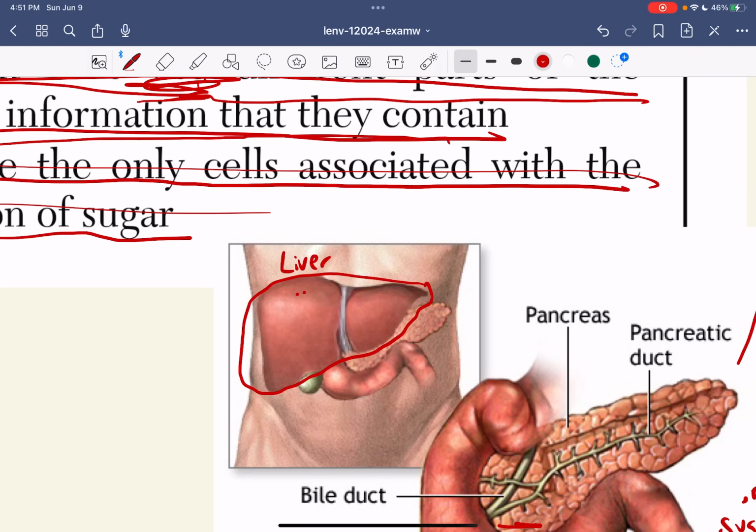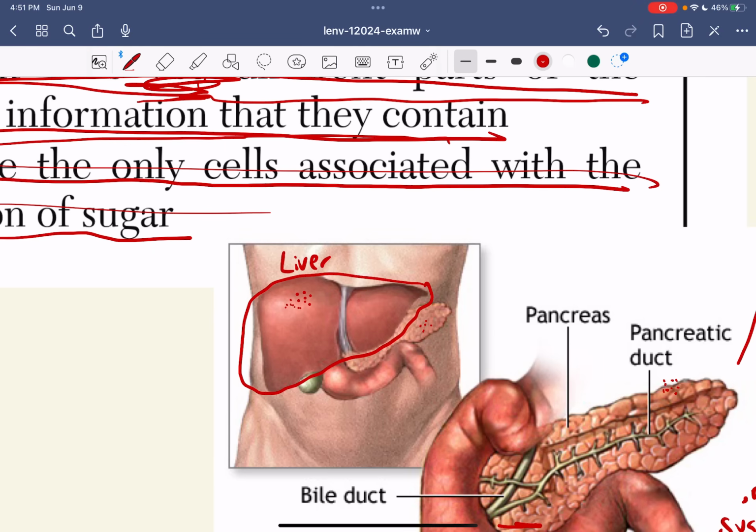The cells that you would find on the liver have the same DNA as the cells on the pancreas. But the liver cells express what they need to express for liver function. The cells of the pancreas express the DNA necessary for the pancreatic cells to do pancreas jobs.